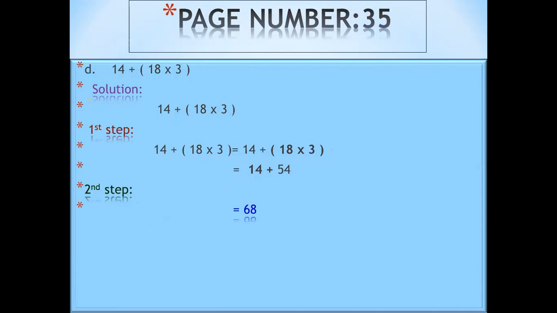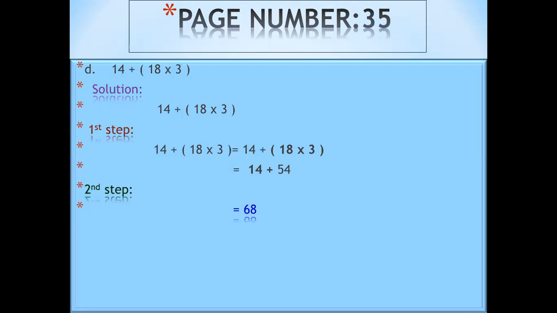When you multiply 18 and 3, 54. 18 multiplied by 3 is 54. Now come to the next step. In this step, we add the numbers 14 and 54. 54 and 14 is 68. 14 plus 54 is 68.